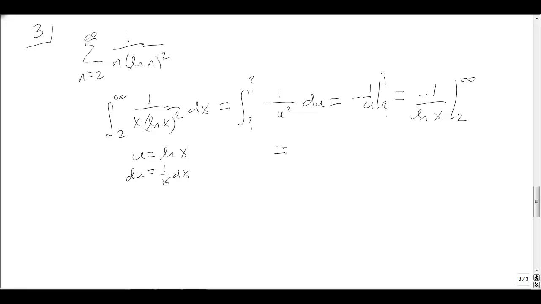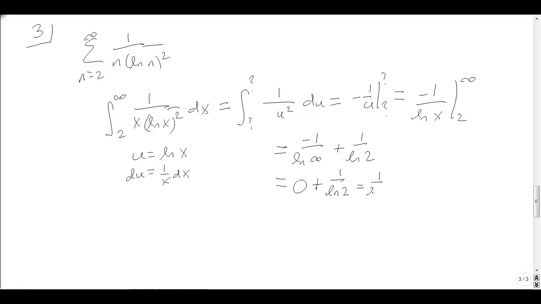So we plug in infinity: negative 1 over natural log infinity, minus a negative 1, that's going to be plus 1 over natural log 2. What happens here? Negative 1 over natural log infinity: natural log infinity goes to infinity, so this first term goes to 0. So I get 0 plus 1 over natural log 2.